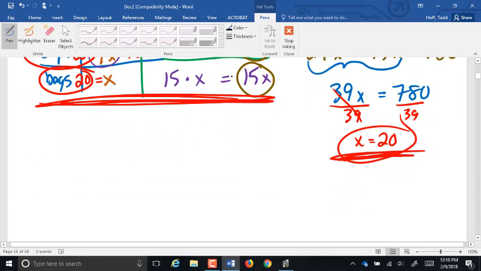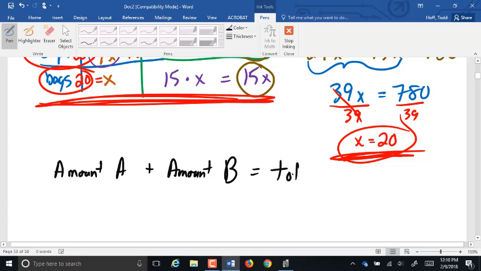Now, this is an example of a specific type of problem where we have an amount A plus an amount B equals a total. There are other types of problems we'll run into.